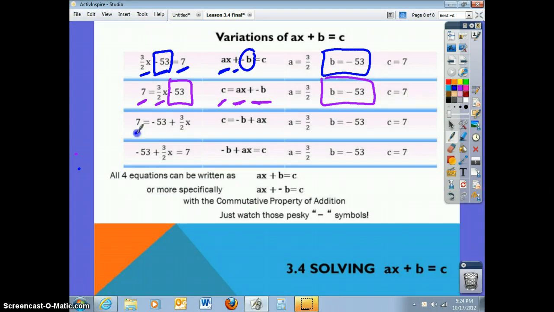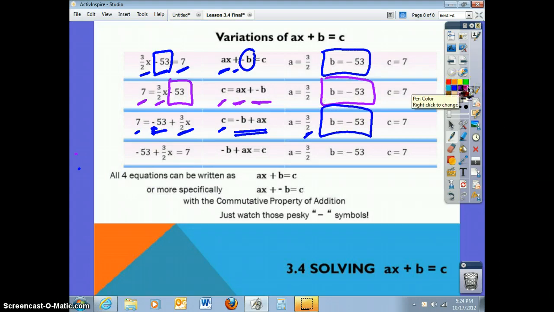This is c equals b plus ax. C equals negative b, really, plus ax. See, because that guy's right there. Okay, so a is still 3/2, b is a negative 53, and c is still 7.